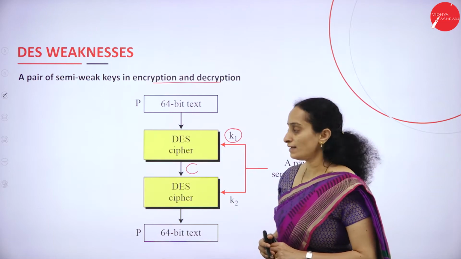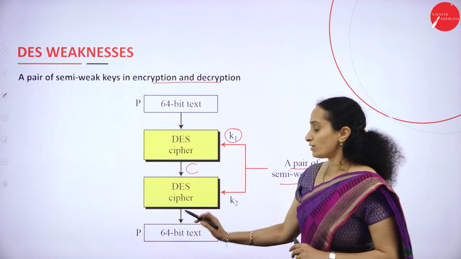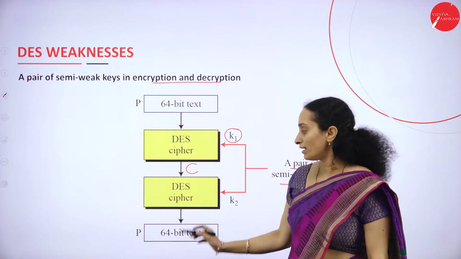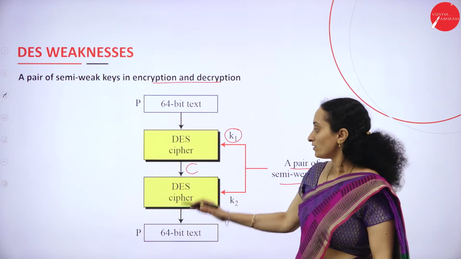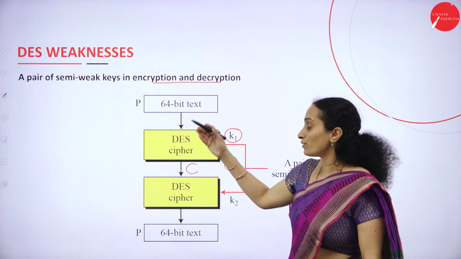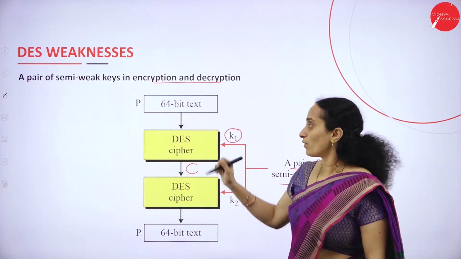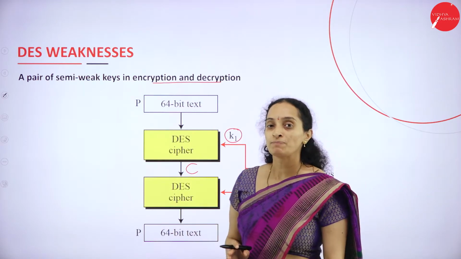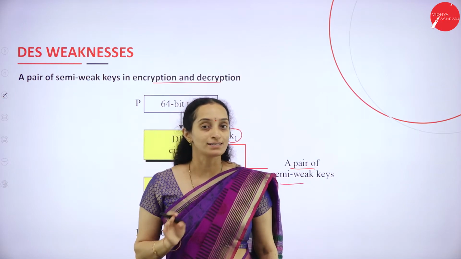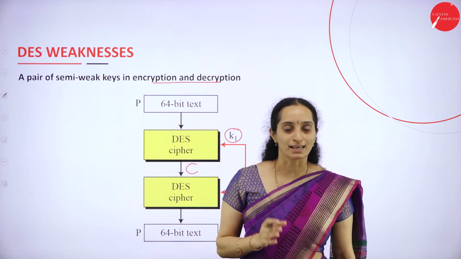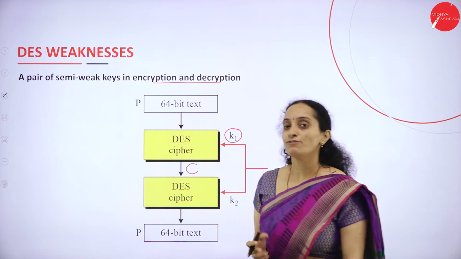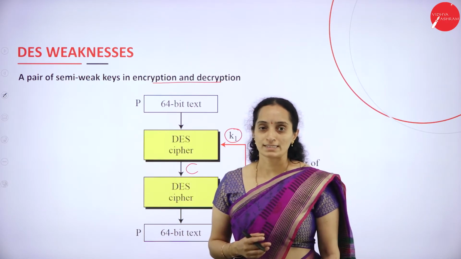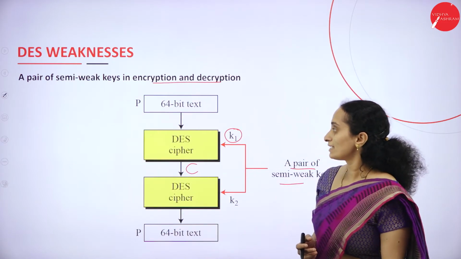The reverse of encryption is decryption. When you apply the inverse DES cipher on the cipher text, you will get the plain text. When you repeat the same algorithm, what you get is again the cipher text. At the end of the decryption, what you get is not the plain text. Again, the cipher text is obtained, which is of no use, isn't it? So we have the pair of semi-weak keys here.